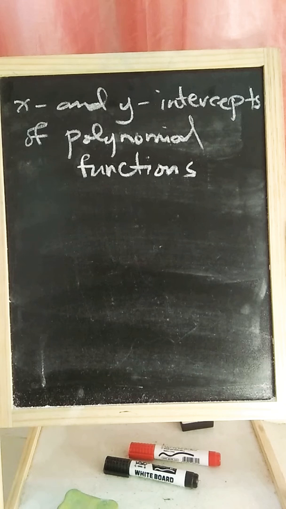In grade 7, you started with linear functions, where the leading coefficient is 1. Then in grade 8 and grade 9, you had the quadratic functions, where the leading coefficient is 2.